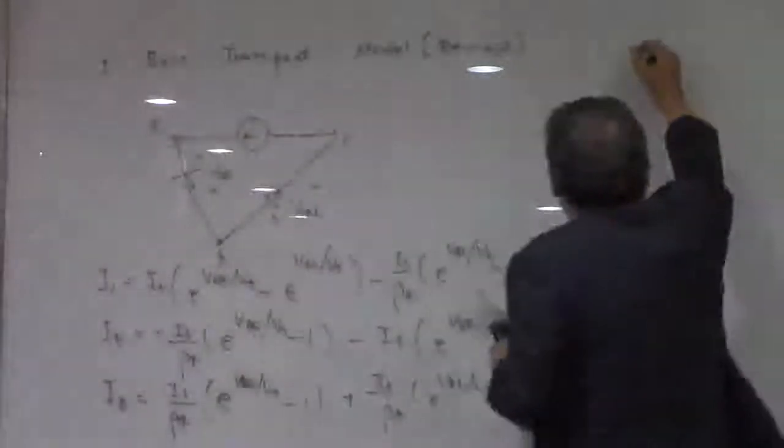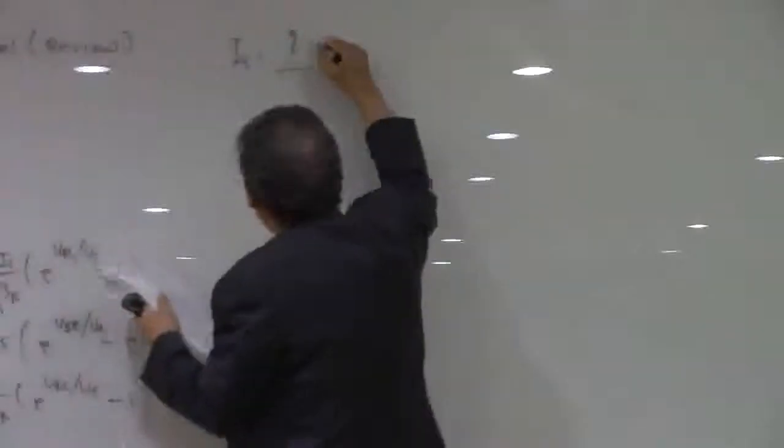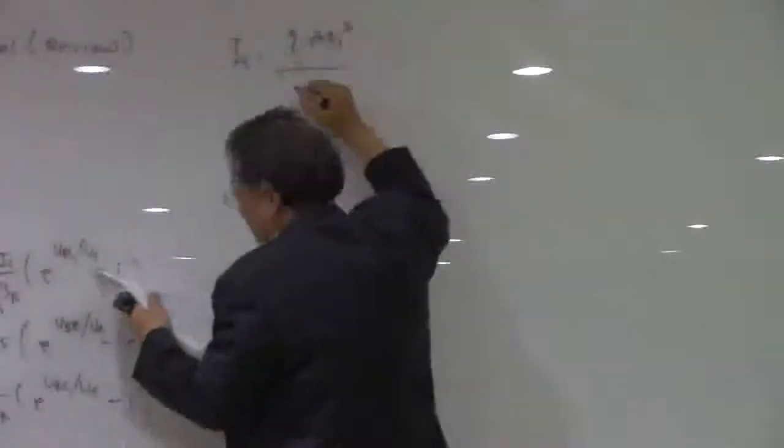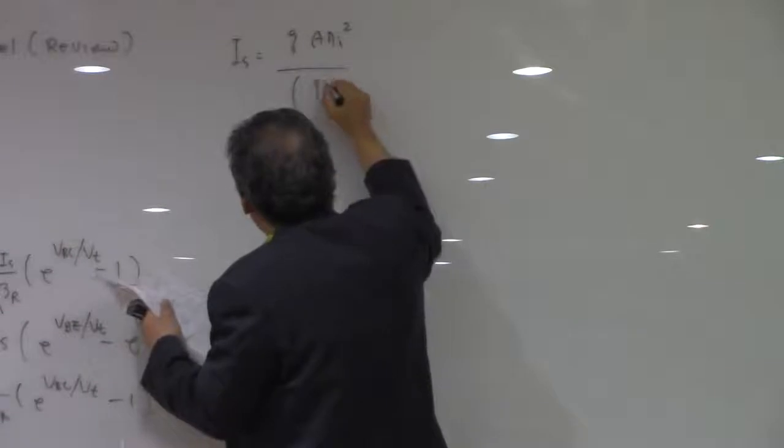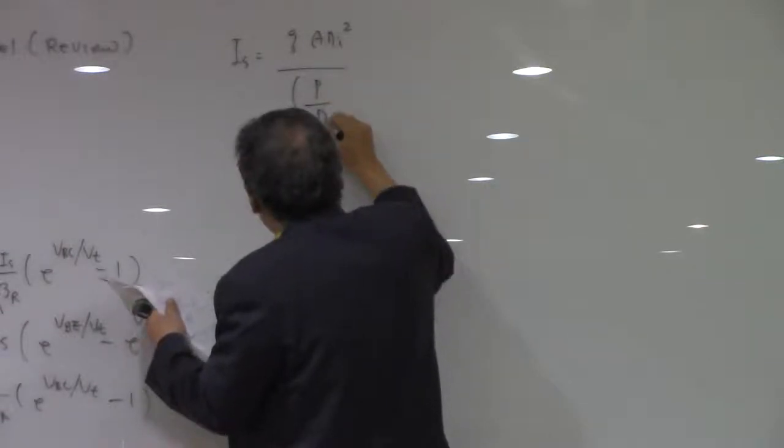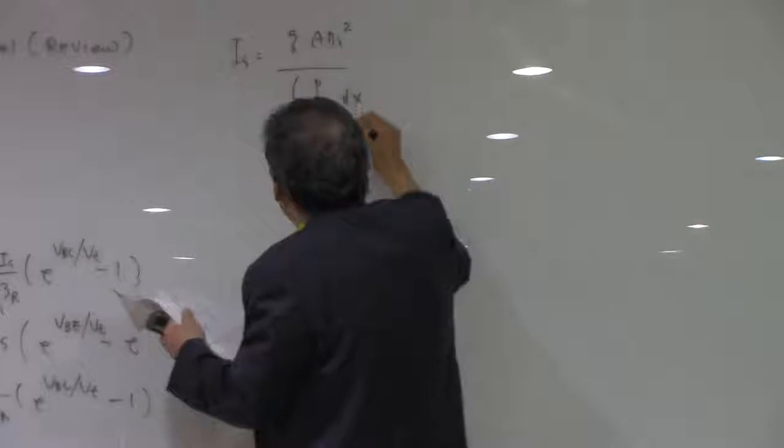And here the IS is going to be related to the Gummel number, P over dn dx. Okay?